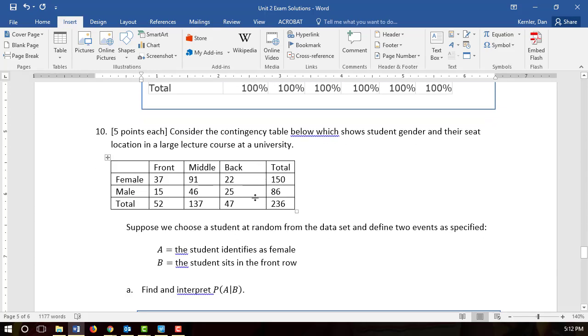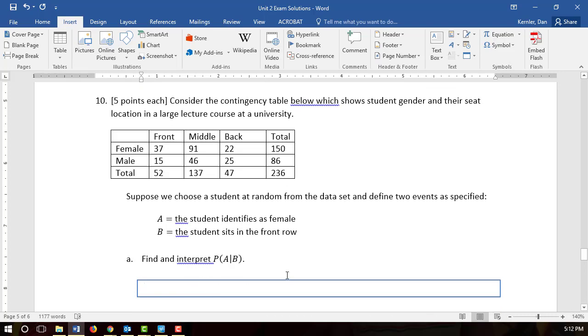All right, so now we have a table that shows student gender and their seat locations in a large lecture course at a university. Suppose we choose a student at random. We want to find and interpret the probability of A given B. That's what that means, right? So we want to find the probability of A given B. That would be the probability that the student is female, given that she sits in the front row.